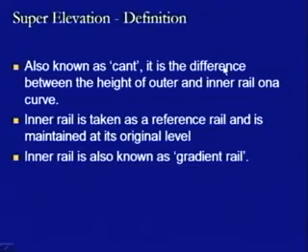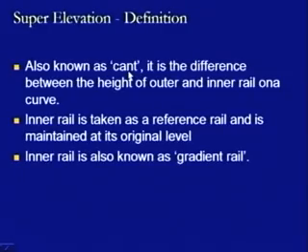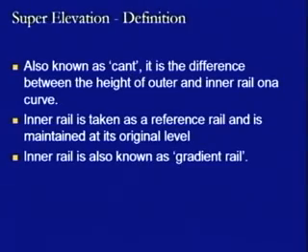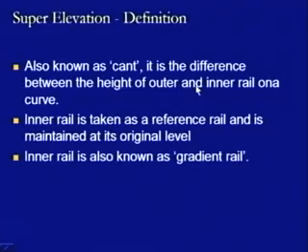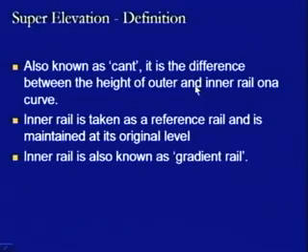Super elevation is therefore defined as the distance by which the outer rail has to be raised with respect to the inner rail, so as to reduce the effect of some forces coming due to the curvature in the alignment. Of course, those effects coming due to the curvature are nothing but the centrifugal force, which acts in the outward direction, and so as to nullify that, we raise the outer rail with respect to the inner rail.